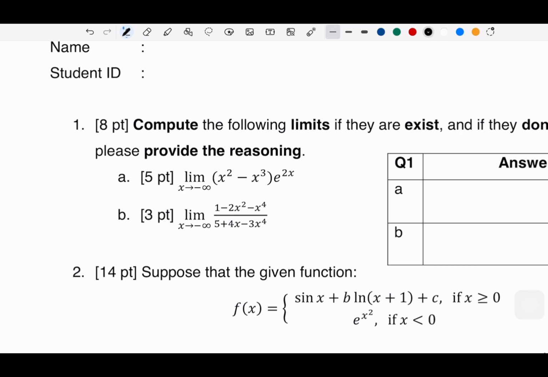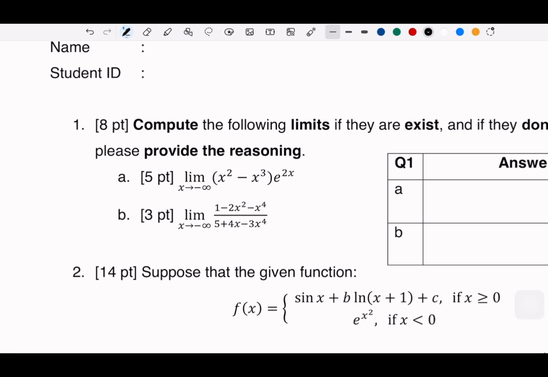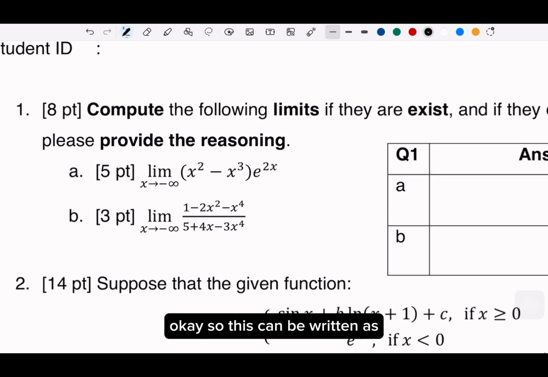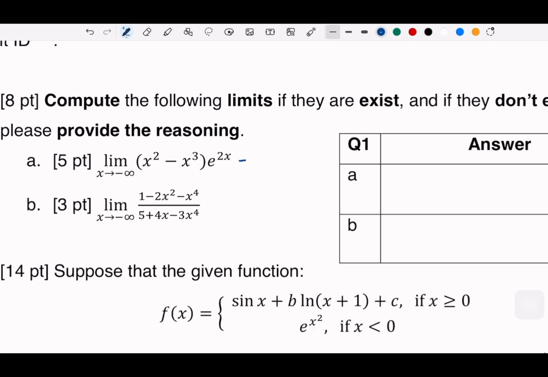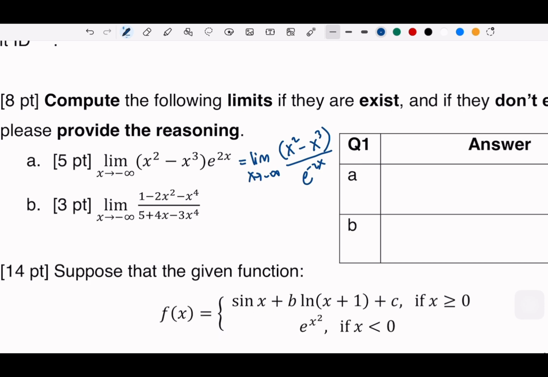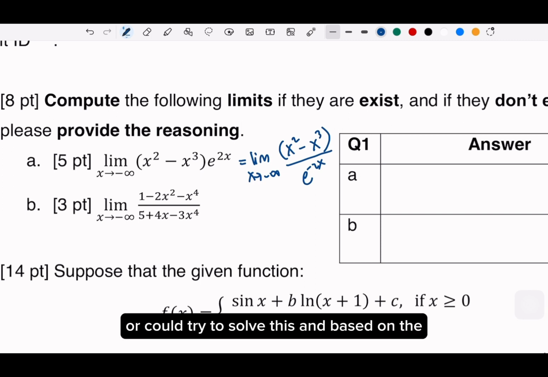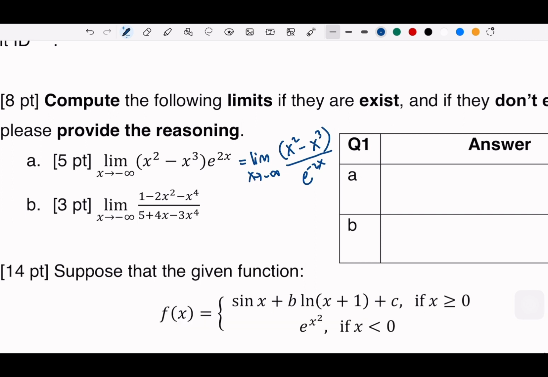Yeah, 0. For A, right? 0, yeah. Okay, so this can be written as... So you could answer this by explaining how the exponent and the polynomial works, which one is faster, or you could try to solve this based on the infinity.